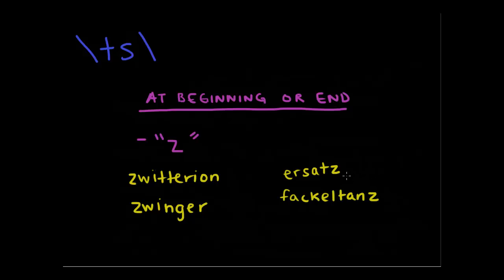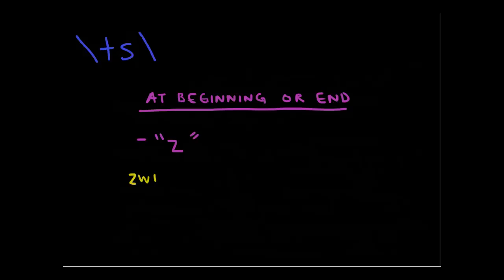So at the beginning or end, it's going to be a Z almost all the time, as you see here and here. Okay, so let me get rid of the examples, just so we can make some room for what it's going to be in the middle. Okay. All right, in the middle of words.